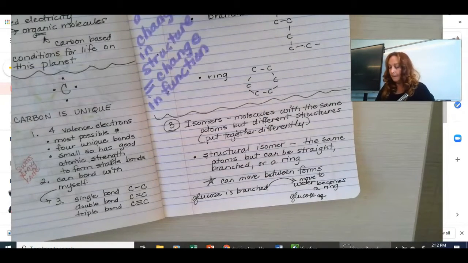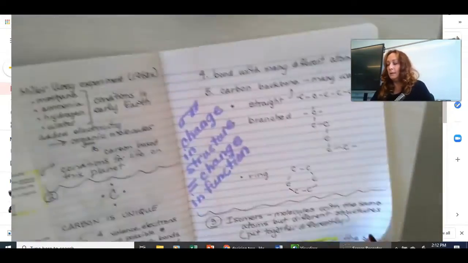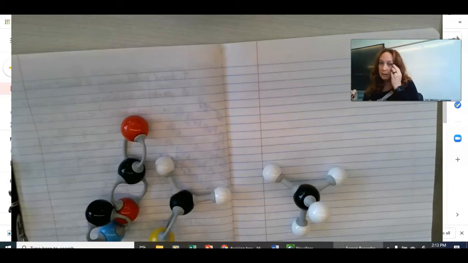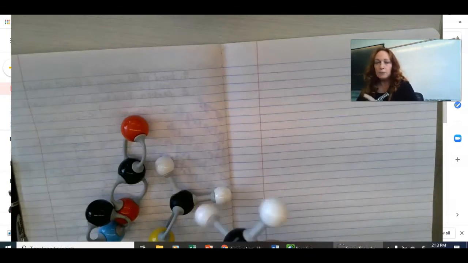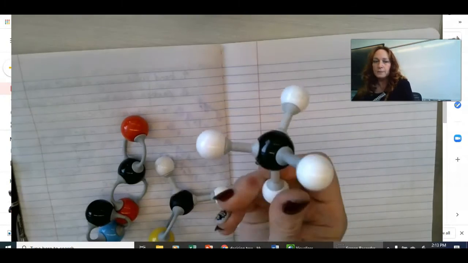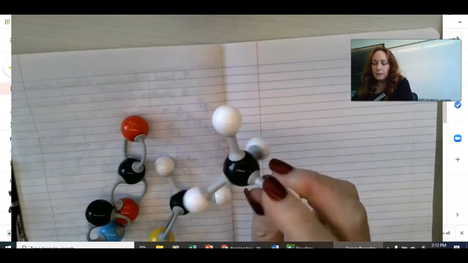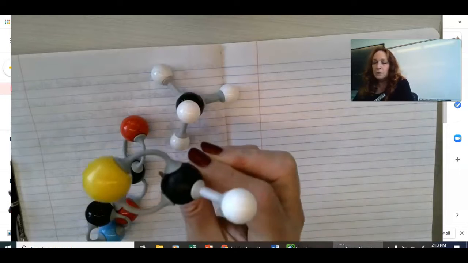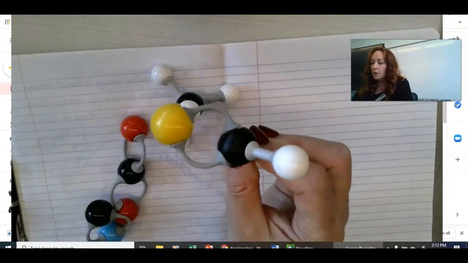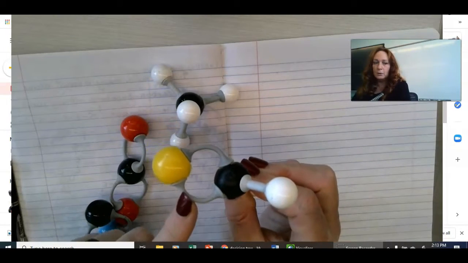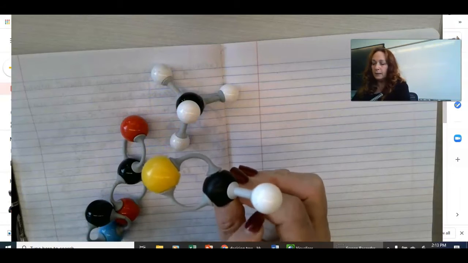Structural. This is one. We've got geometric. I'm going to go grab some of those molecular models. Alright, so I went and got my friends. So, little models with carbon. And at this point, let's focus on this little guy. Notice that you've got a double bond here, and you've got a single bond here.